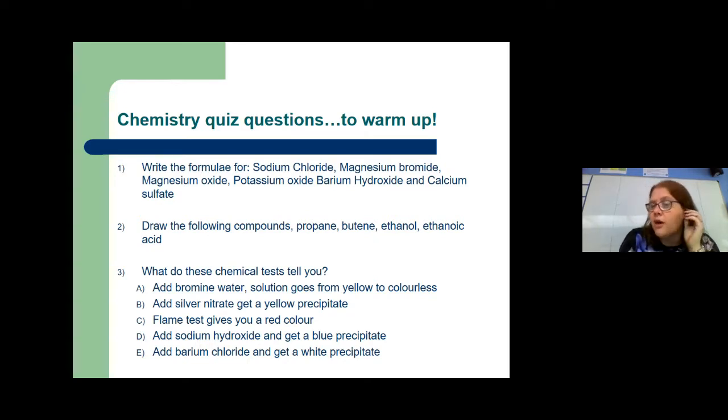While you're thinking about those, I'm just going to talk to you a little bit about how this session's going to work. I have Mr. Carr online with me, who's the other A-level chemistry teacher. If you wish to ask either of us any questions about the course or anything that's come up during the transition work you've been completing, you can use the question and answer function.